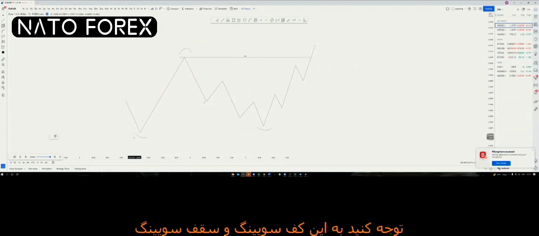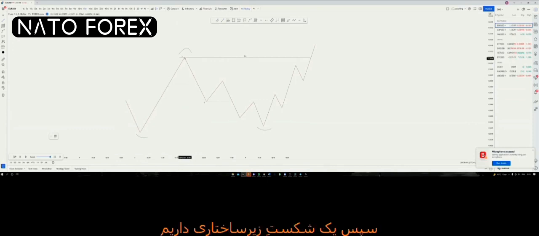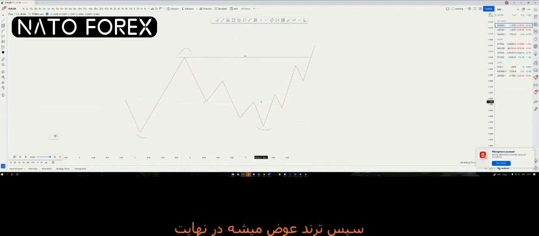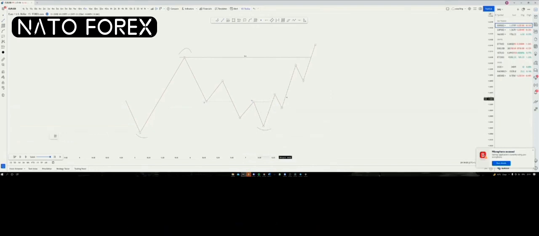Notice how this swing low to swing high breaks a previous high, right? Then we get substructure breaks an internal leg low, and then we get a pro-trend swing, a minor break of structure, that breaks structure in a previous leg of price, right? Okay, cool.